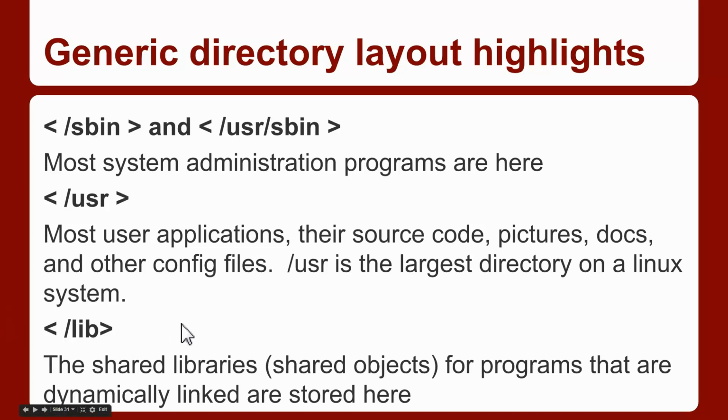And /lib is where the shared libraries and shared objects for the programs are located. So if you're not familiar with the concept of a shared library, they're similar to dynamically linked libraries in Windows, if you're more familiar with that. And so when you compile a program, you can either compile it statically or dynamically.